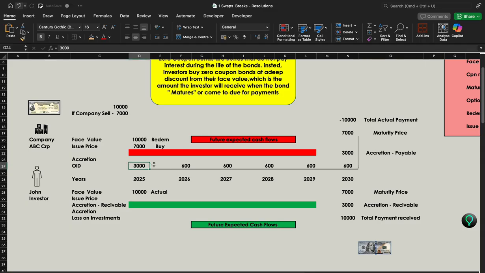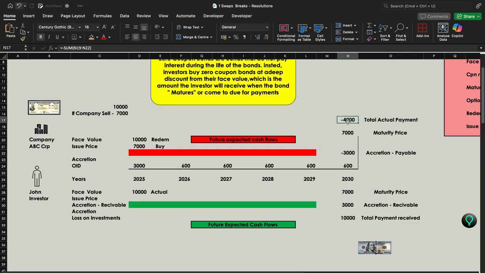At the end of the period, the total amount would be around 3,000. So the company will pay this 3,000 and the 10,000 of actual face value. So in total 13,000 the company will have to pay.